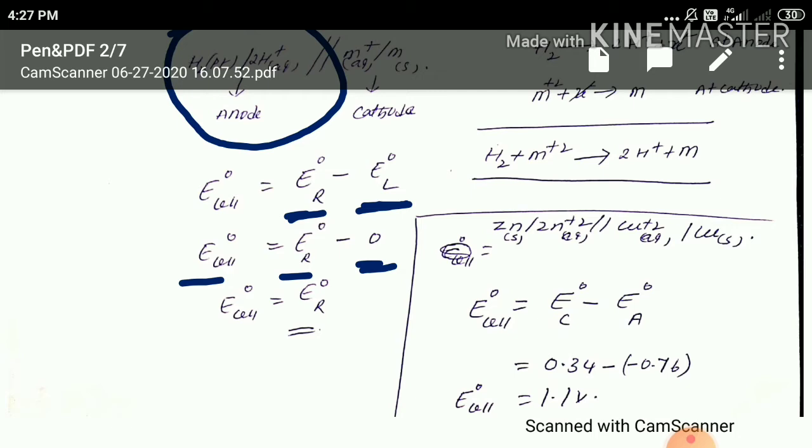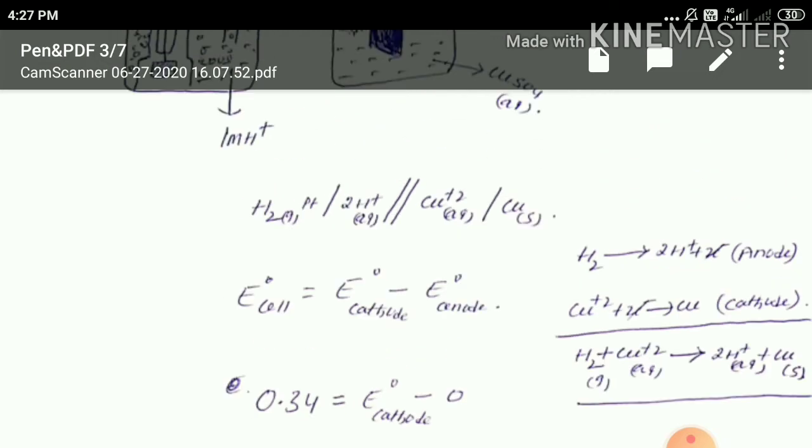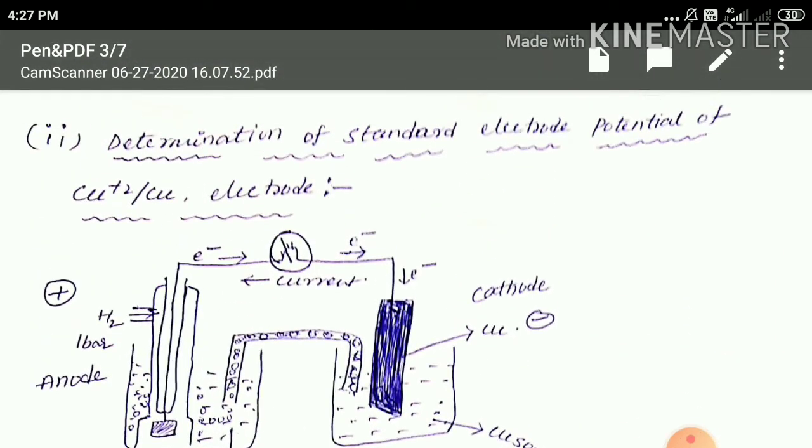Next, now I am going to determine the standard electrode potential value of the copper half cell. In this case, observe carefully here, I have taken the hydrogen electrode as the anode and the copper electrode as the cathode.